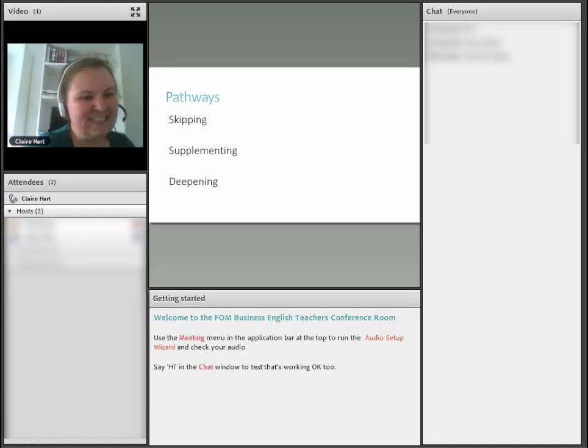Or it could be deepening in the sense of getting more practice, giving more opportunities for practice. Speaking, writing, listening, reading, whatever. Just giving students more practice, if that's what they need.